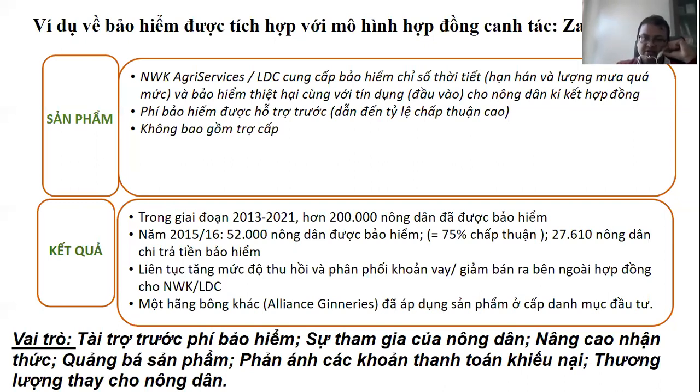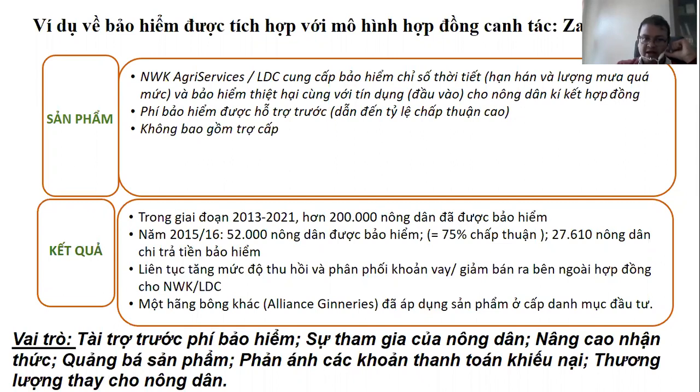But the other reason is even more interesting: some of the farmers have actually become more loyal to the company. So they are delivering more crops to the company. They are side selling, or side marketing, the crops less. They are not selling to other companies so much because they are receiving this insurance product through the company. So it's essentially acting as a kind of incentive for the farmers to continue in this arrangement.